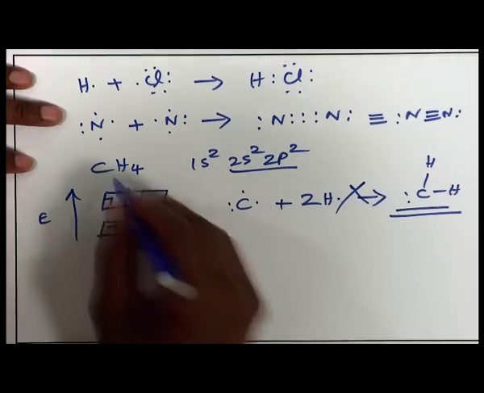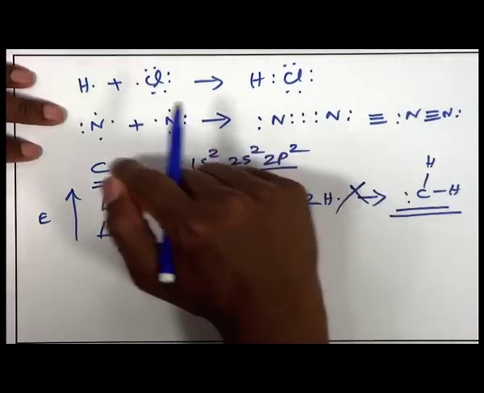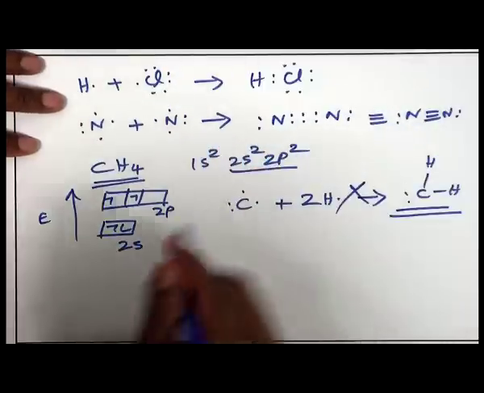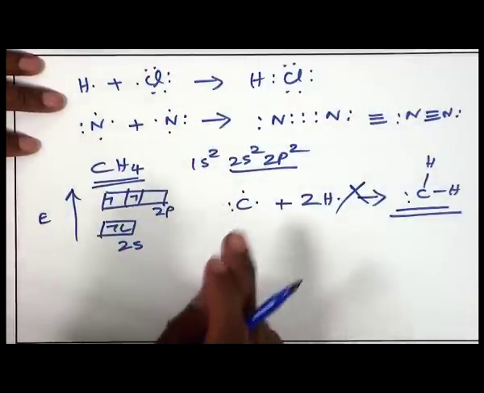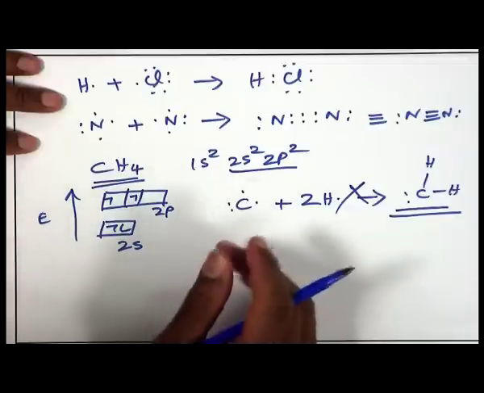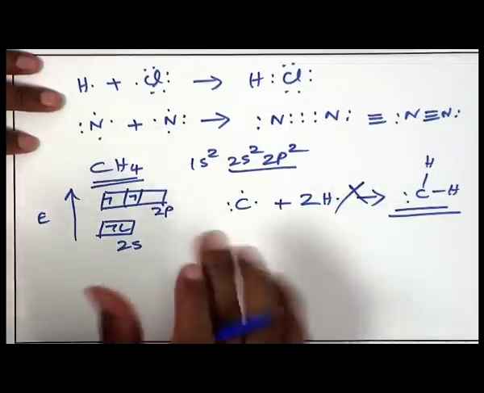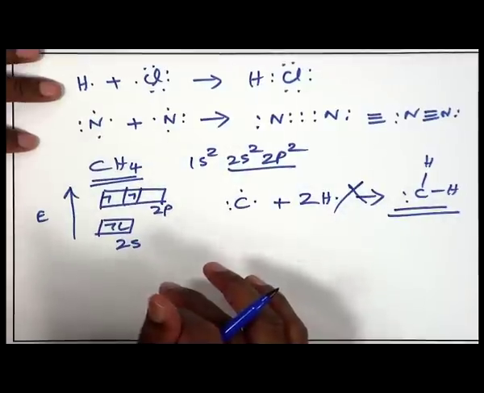What we have here is CH4, where 4 hydrogen atoms are bonded to 1 carbon atom. How is it possible? Carbon contains only 2 unpaired electrons. How can it go to a state containing 4 unpaired electrons so that 4 bonds are formed?